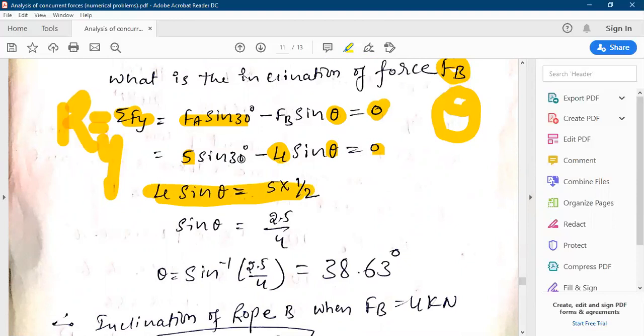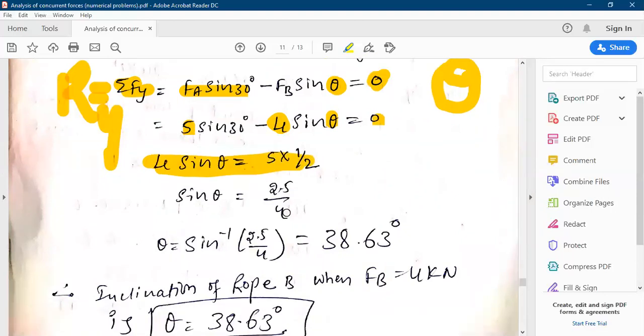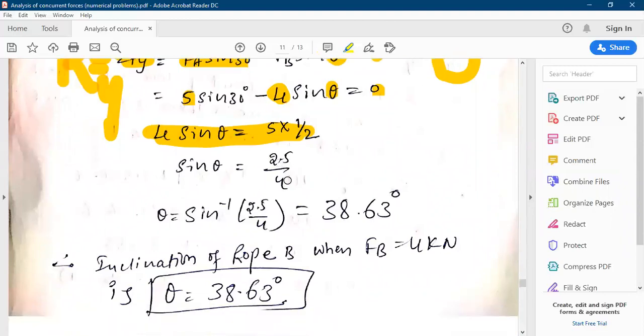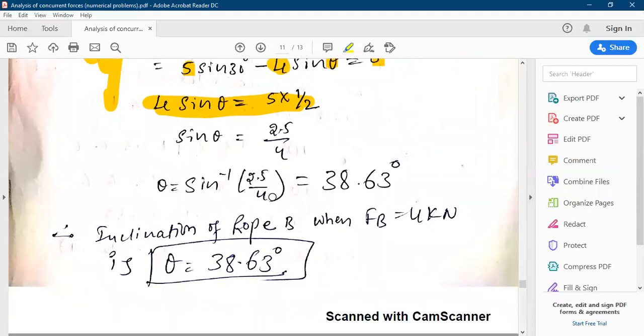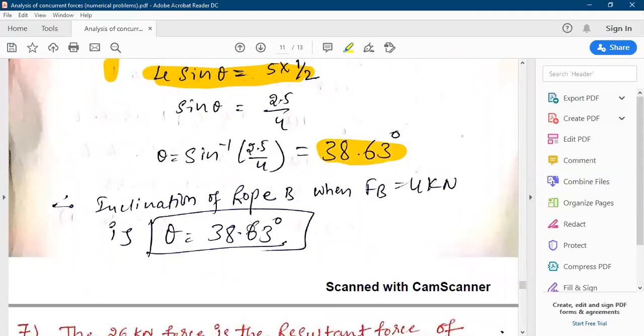So sin theta is equal to 2.5 divided by 4. Theta is equal to sin inverse of 2.5 divided by 4, which gives theta as 38.63 degree. So this is the angle of inclination when force Fb is equal to 4 kilonewton.